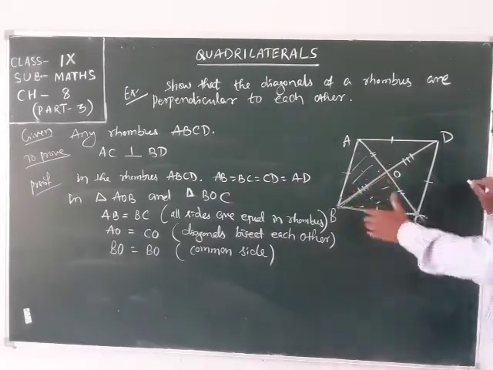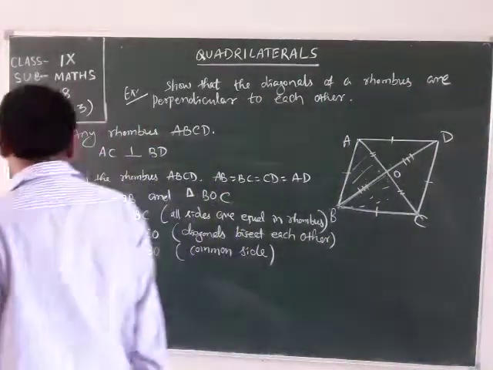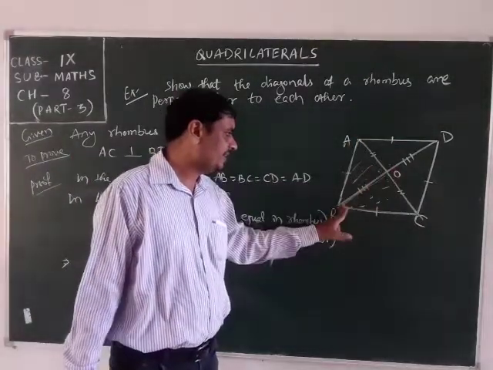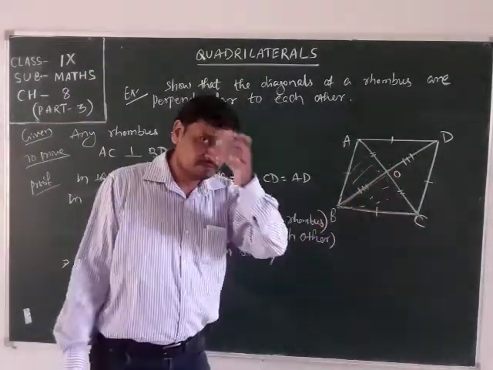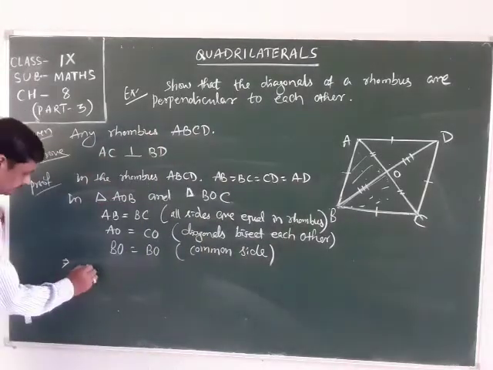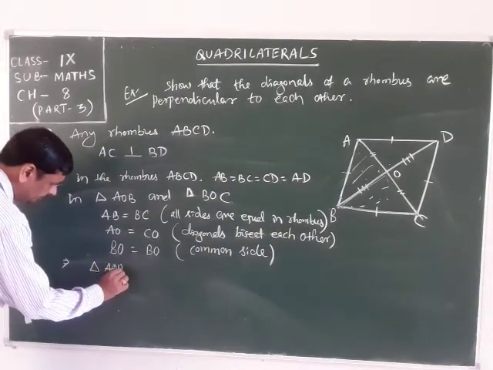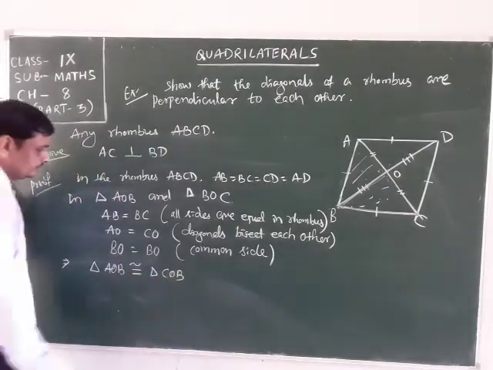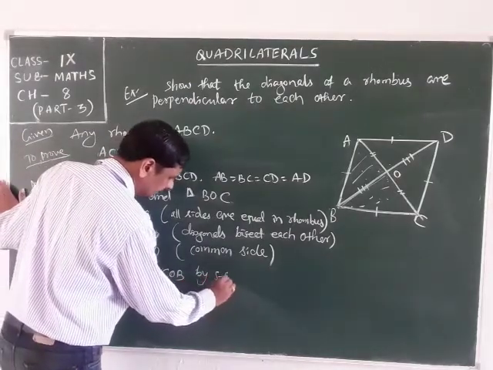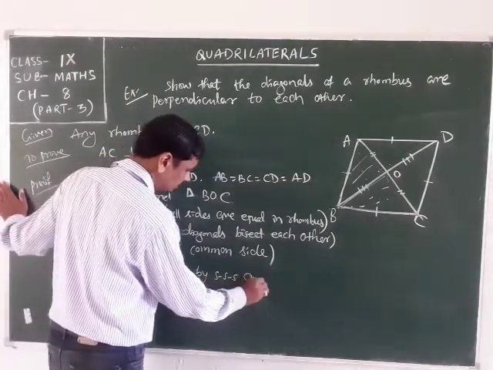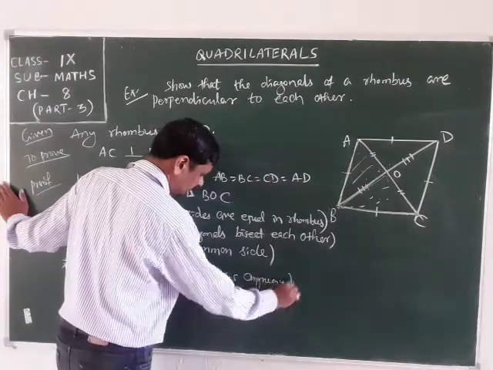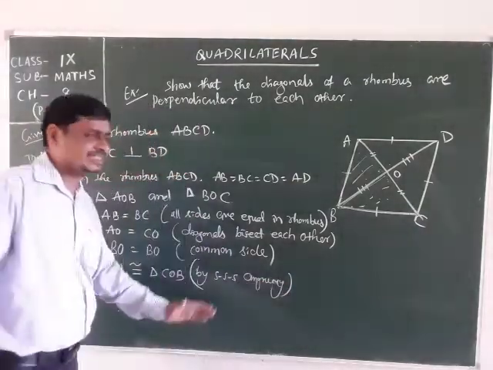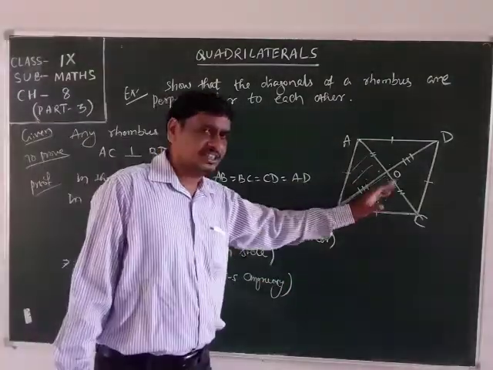This implies triangle AOB is congruent with triangle COB by SSS congruency.